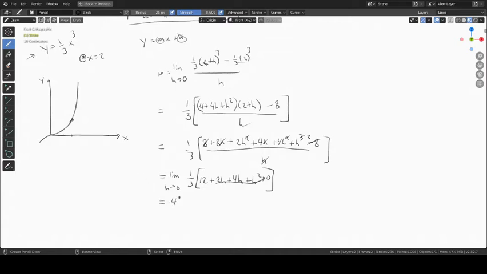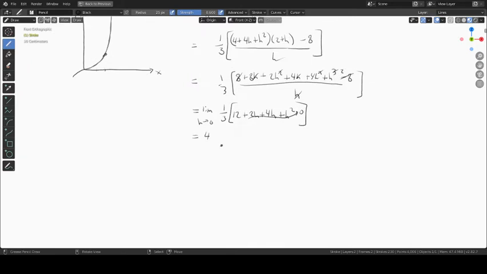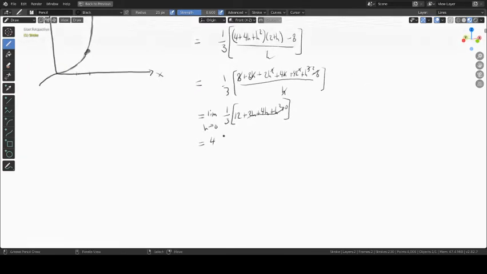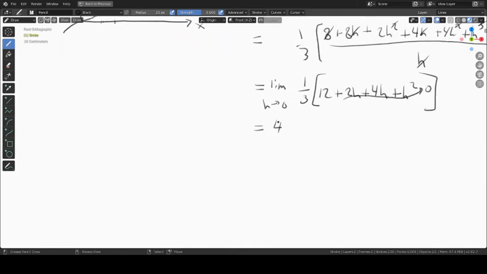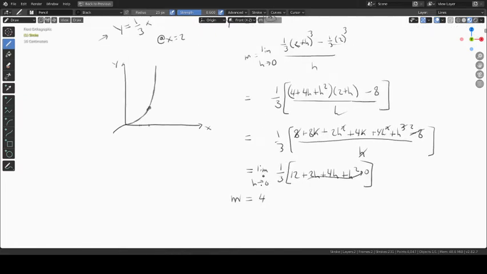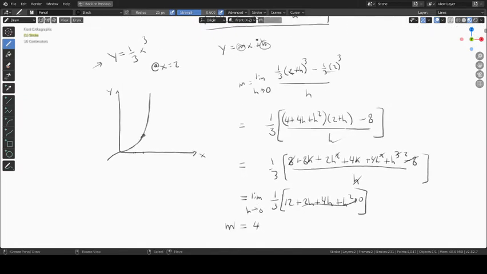That is in fact correct. The limit is 4, so this is our slope, which we will call m, right? So we have m equals 4, and that gives us the first part of the equation that we were looking for earlier. So we have y equals mx plus b. We have our m. Now we just need our b.